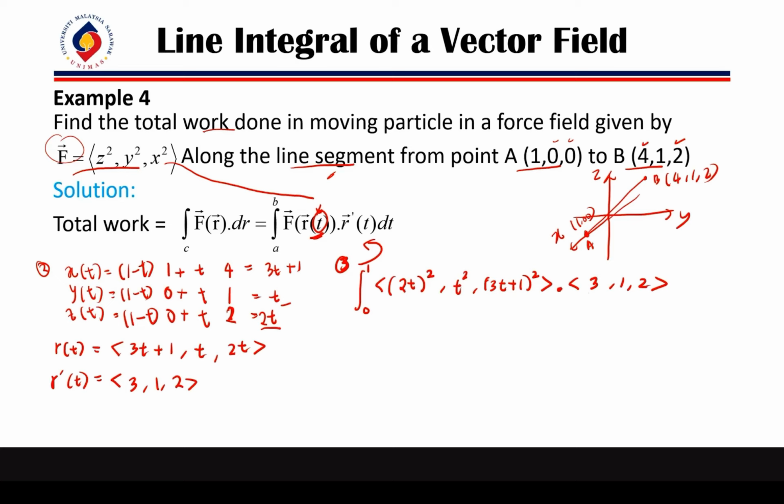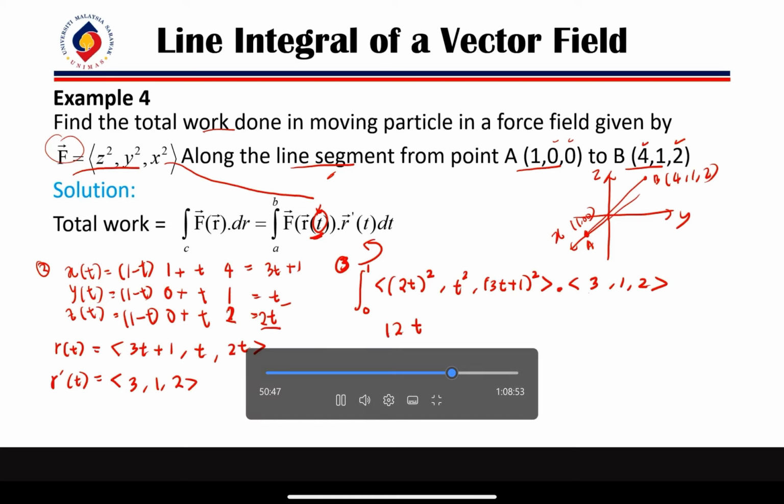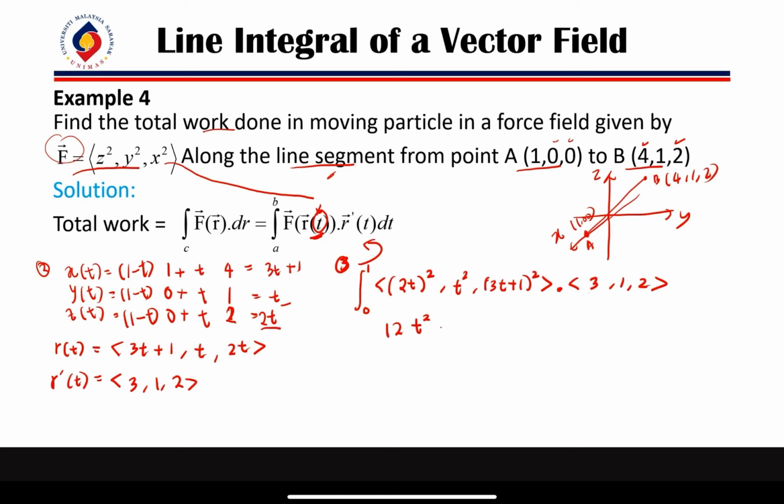So let's say we have here 4t squared, right? 4t squared times 3 is equal to 12t squared, plus t squared times 1 is equal to t squared, plus we have to expand this, but just do it this way first so you don't confuse yourself, right?